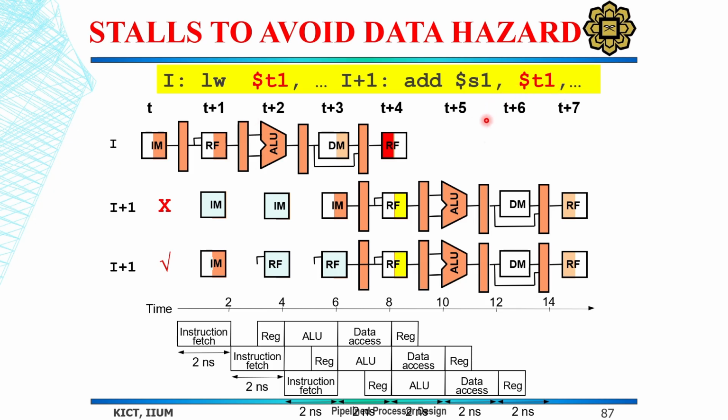So this is read after write. Same issue: $T1 will only be available at the end of T plus 4. So we put in two stall cycles, then we continue with the second instruction.